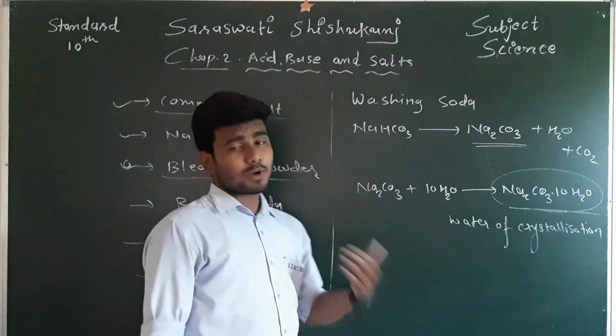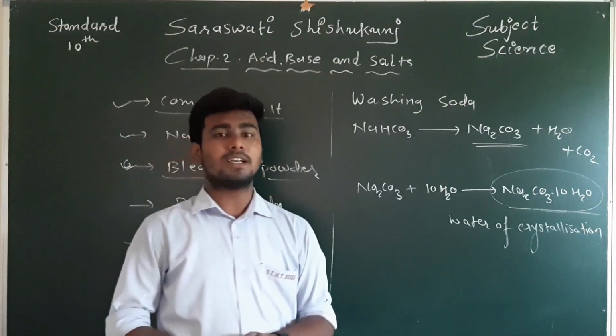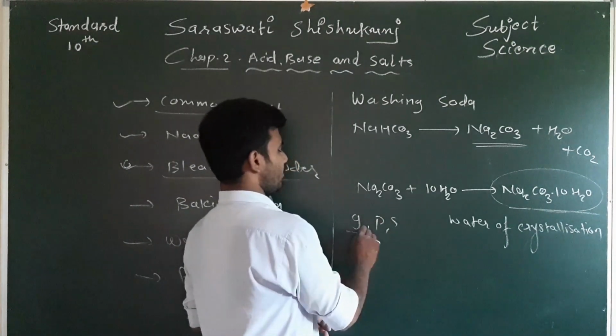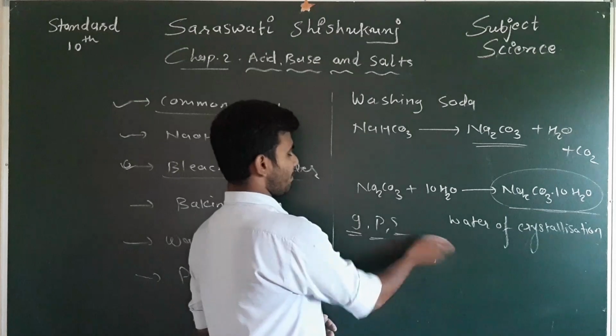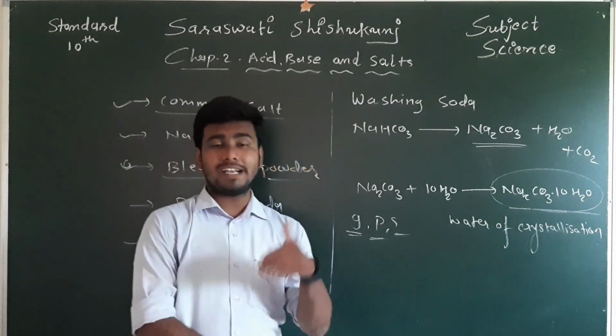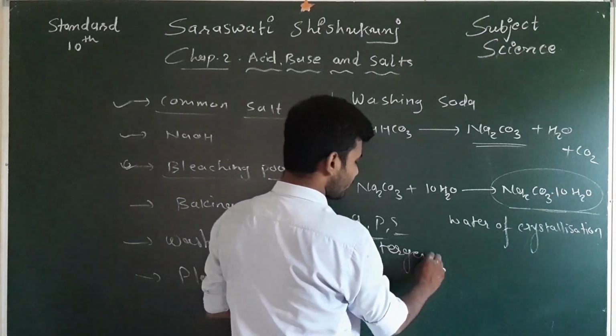Now, where is this washing soda used? Generally we know that washing soda is used in glass preparation, paper preparation, and soap preparation. It is also used in detergent, right? So it's used in detergent.